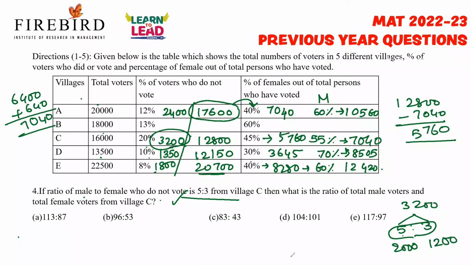Remaining 3 parts, 1,200. And 5 parts represent male value and 3 parts represent female value.